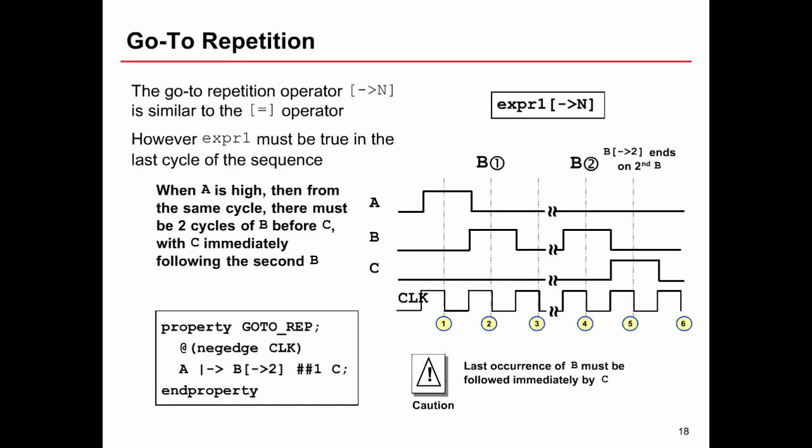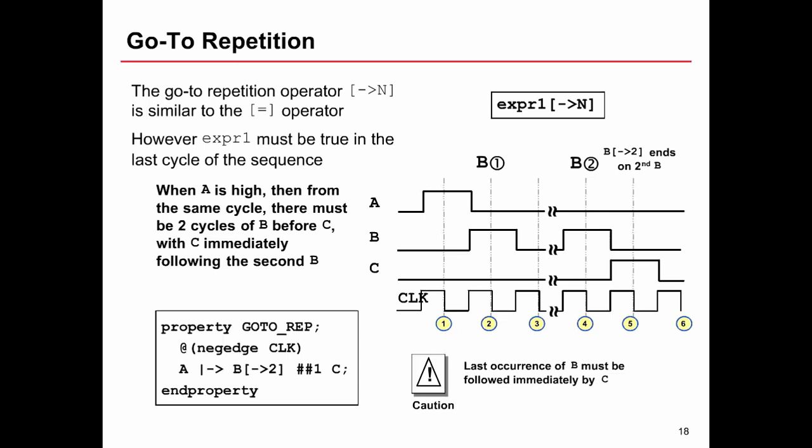However, we have an arrow instead of the equals sign. And the difference this makes is that the term B, right hand pointing arrow 2, ends on the second occurrence of B. It does not carry on. It's not open-ended like the previous one was.